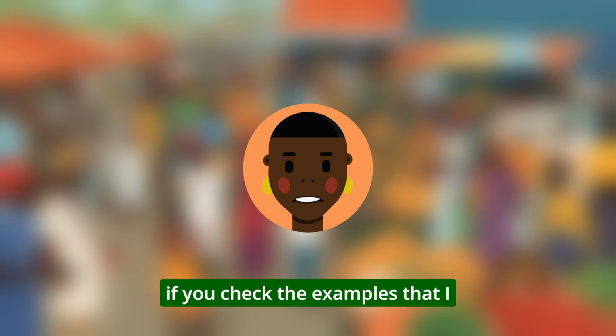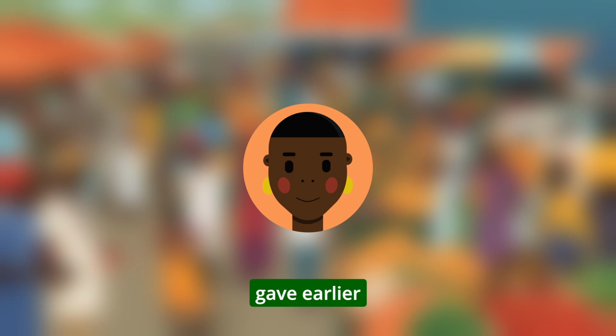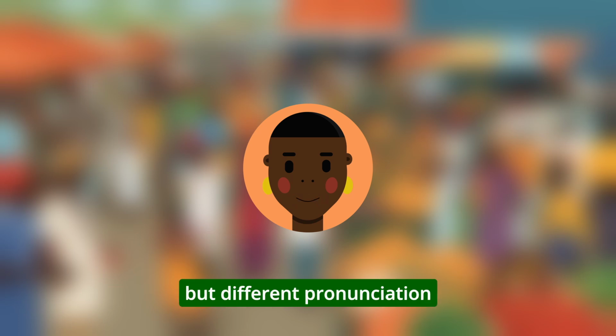If you check the examples that I gave earlier, the first one is àgbọn, coconut, àgbọn, wasps, àgbọn, basket. All those words in Yoruba have the same spelling but different pronunciation.